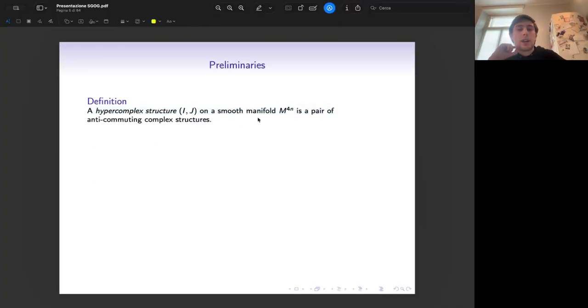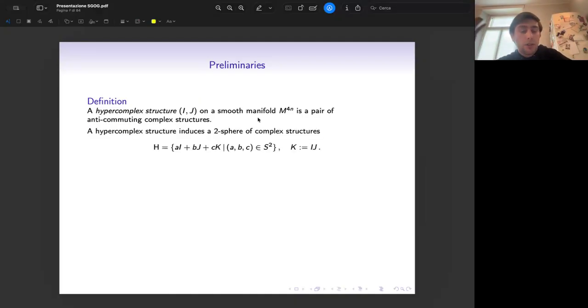So let me start just by defining what a hypercomplex structure is again. We fix our favorite 4n-dimensional smooth manifold, and a hypercomplex structure will be just a pair of anti-commuting complex structures I and J. Once we have this, we actually have in hand a whole two-sphere of complex structures, which is built out of I and J and their composition K. And I, J, and K, as we know, satisfy the usual relations of quaternionic units.